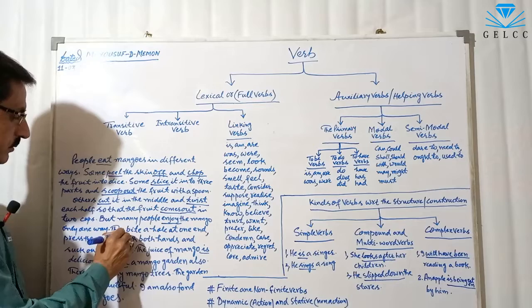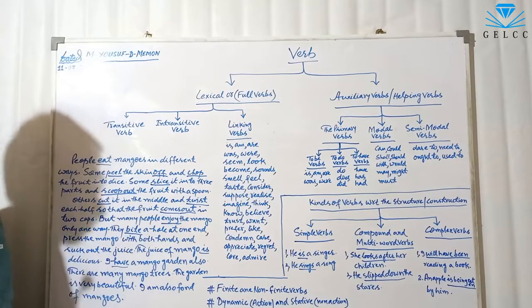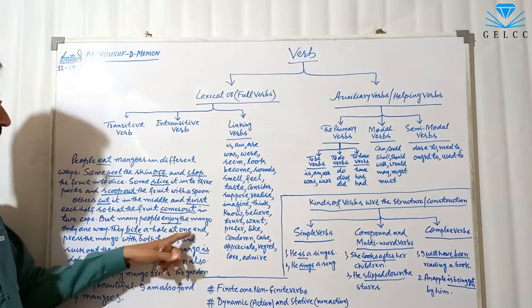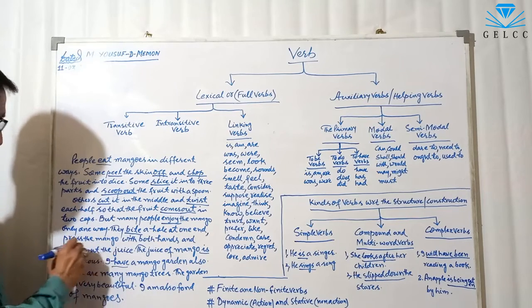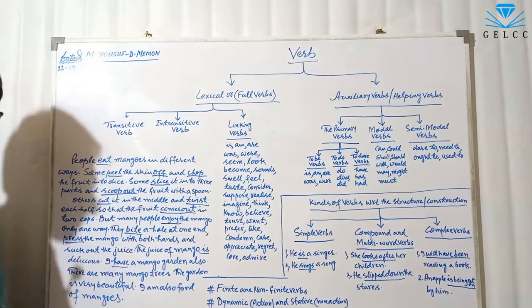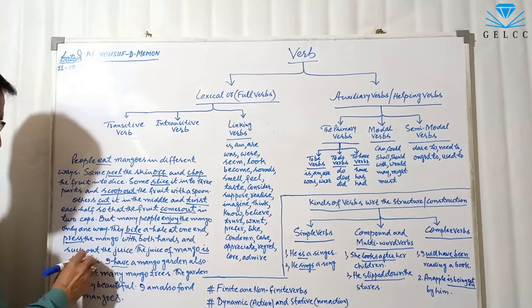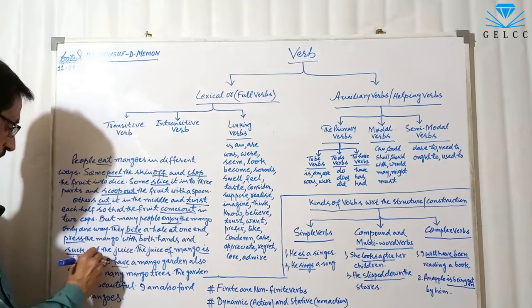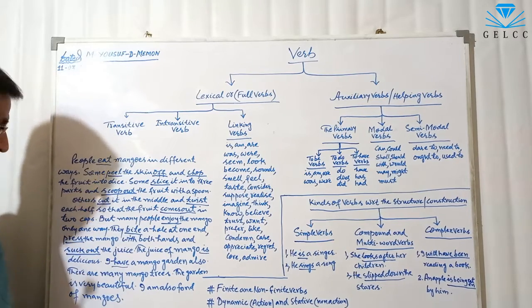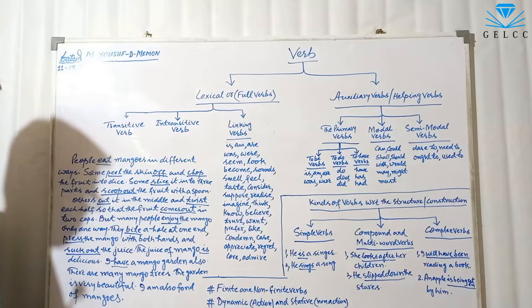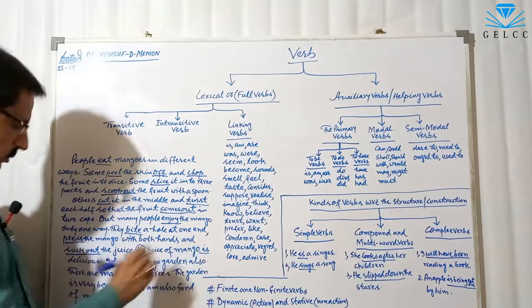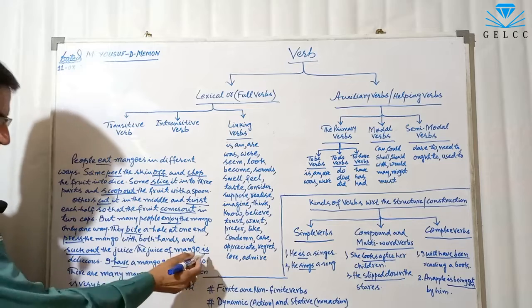They bite is a verb, enjoy is a verb. They bite a hole at one end, press the mango. Press is a verb. Press the mango with both hands and suck out. Suck out is a verb. Suck out the juice. The juice of mango is delicious, is is a verb.